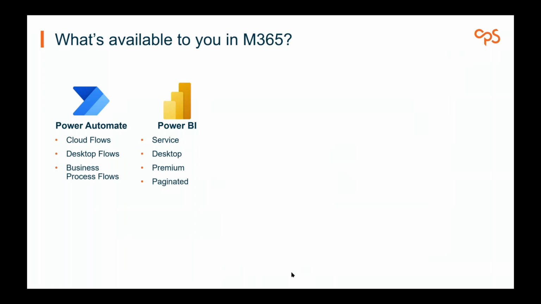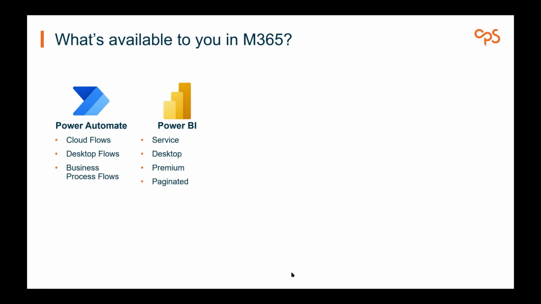Well, the desktop flow could automate the pushing and pulling of that information from that Excel spreadsheet into an online service such as Project for the Web or a Power Platform solution that's offered. Business process flows provide us with a visual representation of a stage-gated process. I can demonstrate what one of those looks like later on today.